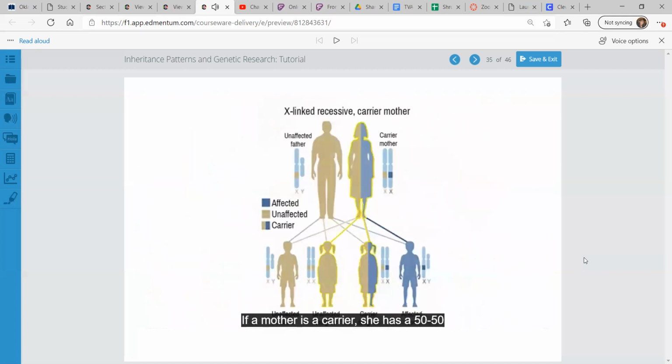If a mother is a carrier, she has a 50-50 chance of passing on the genetic mutation to her daughter because she donates only one out of two X chromosomes to her daughter. This daughter will be a carrier, but she will not be colorblind. The mother also has a 50-50 shot of passing the gene on to her son. The son who inherits the gene will be colorblind.